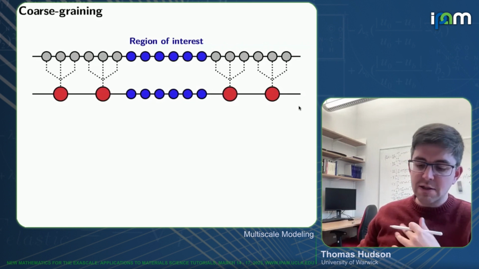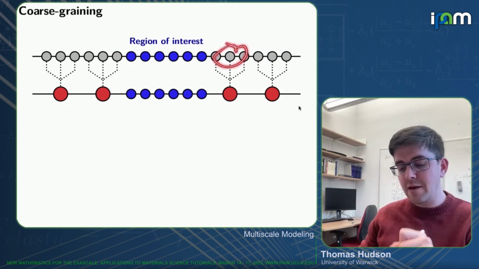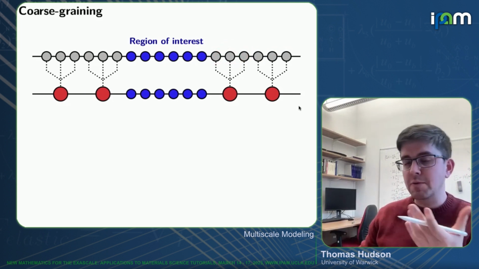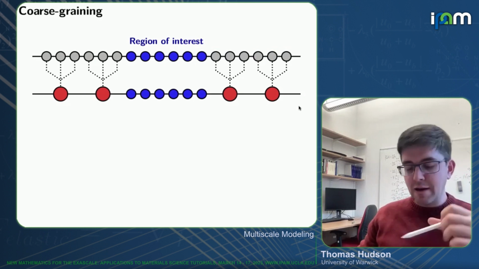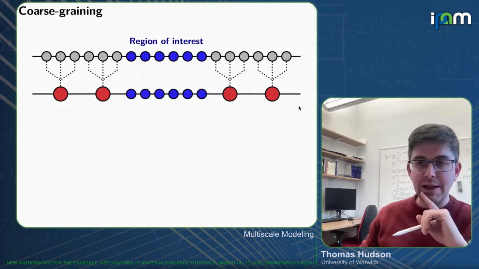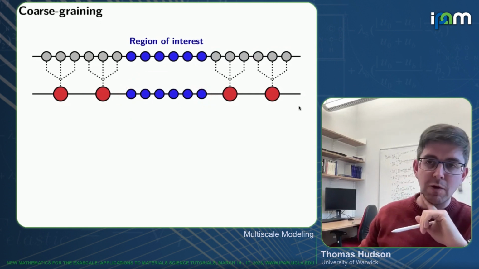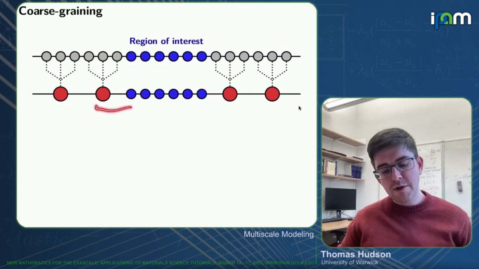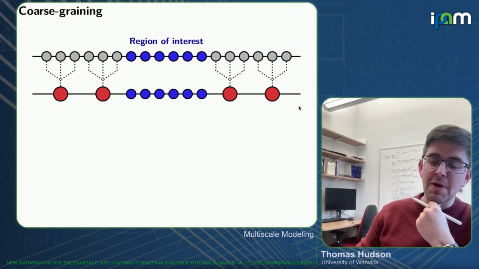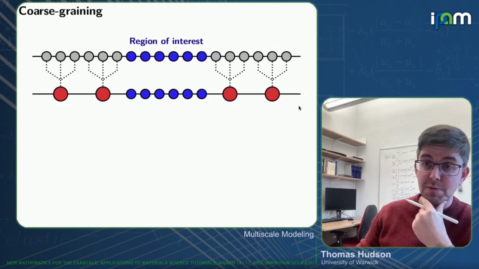One way to do this is to lump atoms together outside of a region into what are sometimes called beads, and think about a model which represents these atoms exactly using a potential that we already have, and represents the interaction with these beads through some other fitted interaction potential.